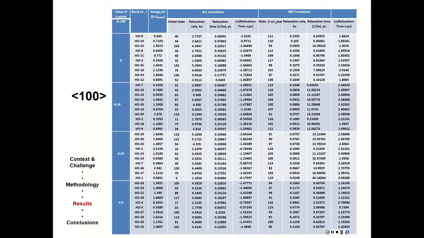Suppose this one is at K 0.33, and this is HOMO minus 29. This HOMO minus 29 is 118 in that combined state file, and this is in the separate file of states, like the energy profile.